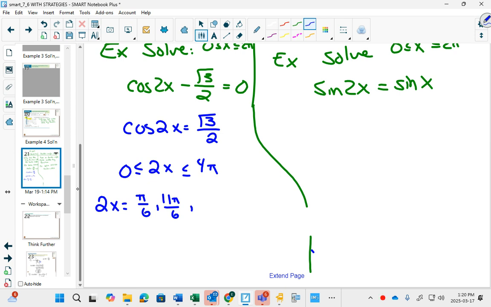The second time around, we need to say what is coterminal with this, and you would have to add 2 pi, and a reminder that you can make 2 pi 12 pi over 6. So if I add 12 to this, I would get 13 pi over 6, and add 12 to this, I would get 23 pi over 6. Then to solve for x, divide everything by 2, which is the same as multiplying by a half.